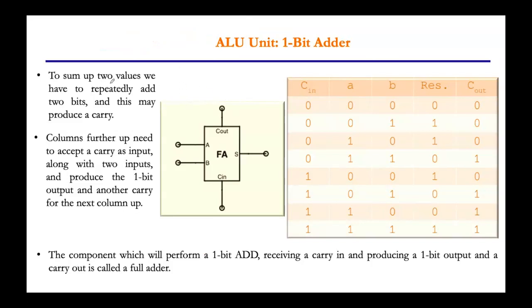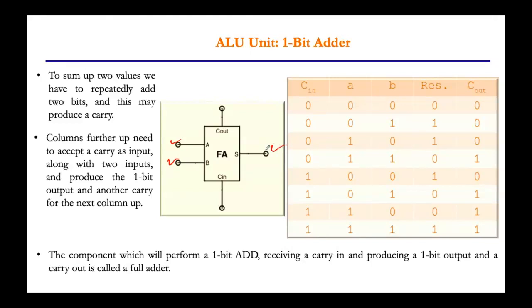To sum up two values, we have to repeatedly add two bits, and this may produce a carry. To perform the addition operation, the ALU unit uses the 1-bit adder. What is this 1-bit adder? The 1-bit adder takes two inputs and gives the result.